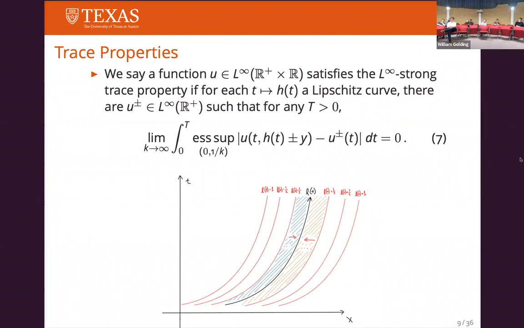It's one of the original areas where you use doubling of variables. It's proved due to Kruzhkov. And you can actually prove that you have an L1 contraction property for all of the solutions. When you say scalar, you mean one by one system. So one spatial dimension and also only one equation.